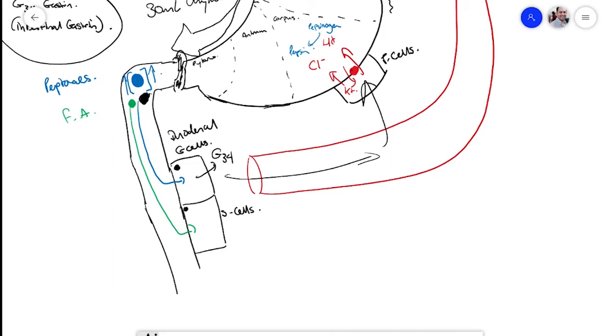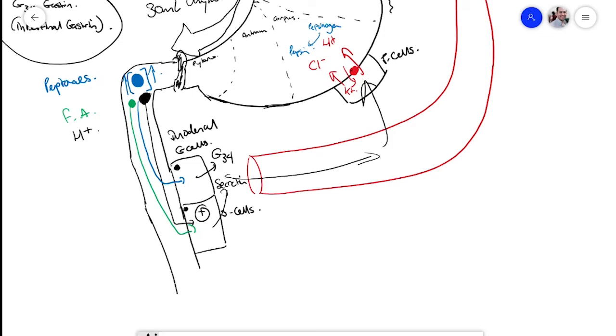So these S cells are stimulated by fatty acids and by protons, and they become excited by this, so let's put a little plus in there. They will secrete secretin, and that secretin will enter the bloodstream, and it will do a couple of different things.